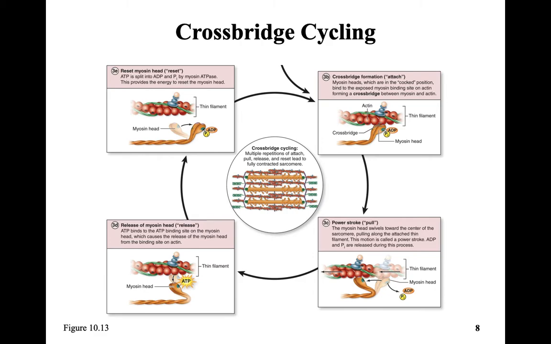And then ATP comes in and binds to the myosin, and that causes it to release from the actin. And then that ATP powers the myosin head resetting or recharging itself so that it can do this again. So the ATP allows the myosin to release from the actin and reset itself.